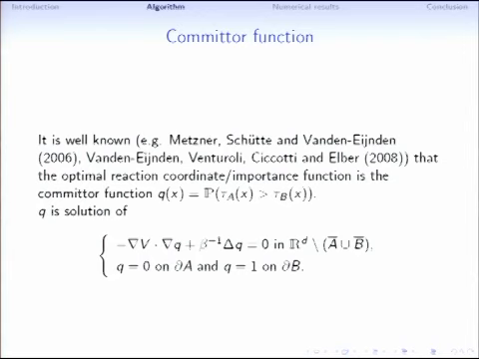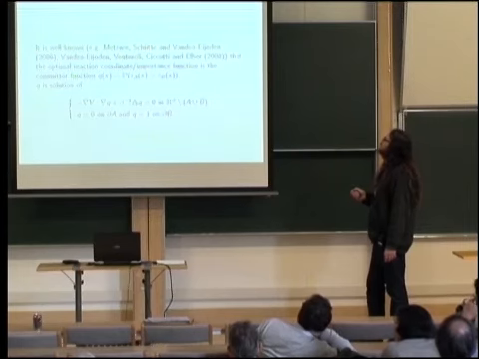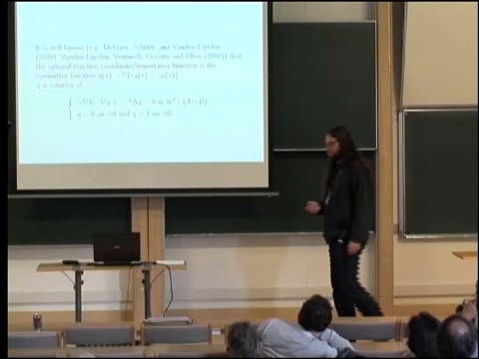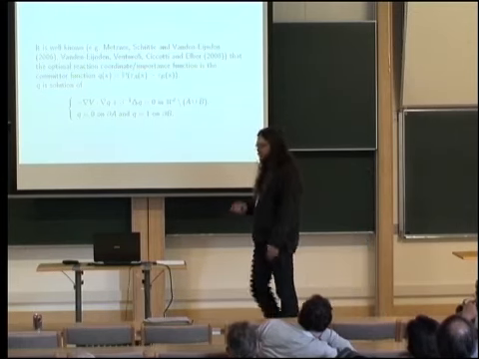It is well known also in the computational physics community. This optimal function is, of course, the probability, starting in x, to be in B before being back in A. It is the solution of a partial differential equation, and in this context it is called the committor function.